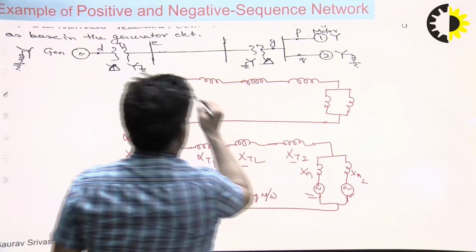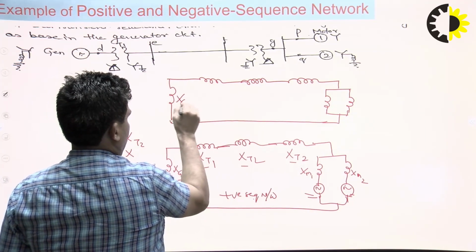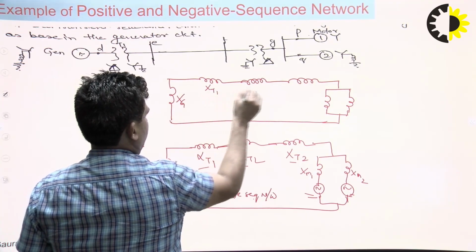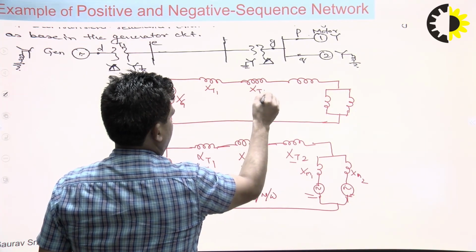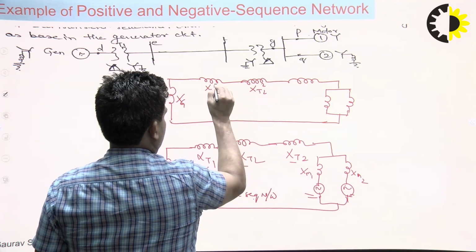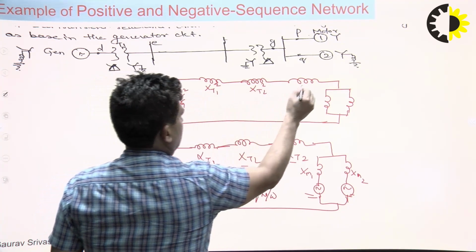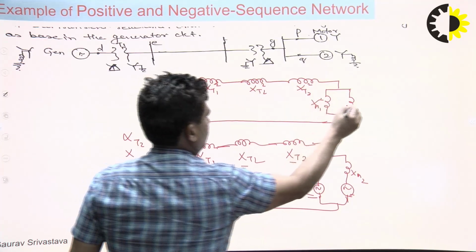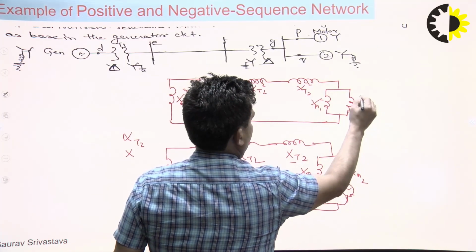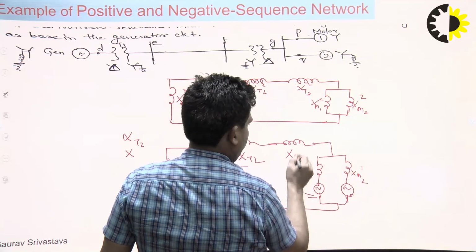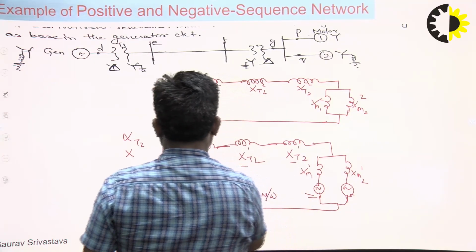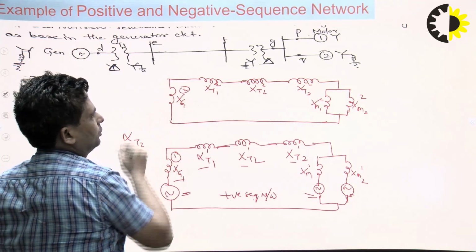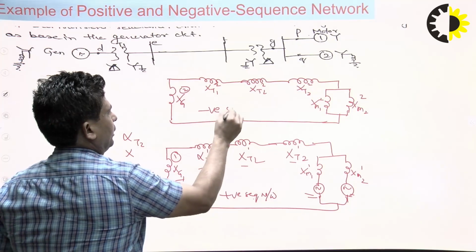Okay, so here your XG1, XT1, XTL, XT2, XM1, XM2, with subscripts 2 for the negative and 1 for the positive. That notation is known as the positive, and this notation is known as the negative sequence network.